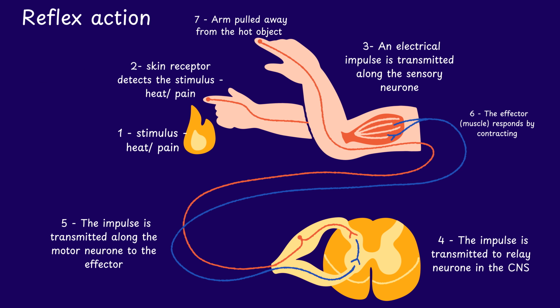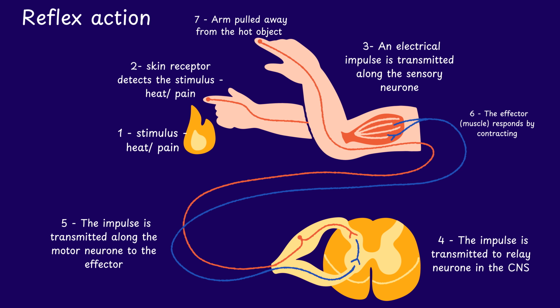Let us now look at the reflex action using a diagram that is very common in your exams. Please note that the question that is attached to this topic is usually 4 to 5 marks, so it is an extended response question. What I would advise you to do is to write down these points because these are the points that you must have for that question.